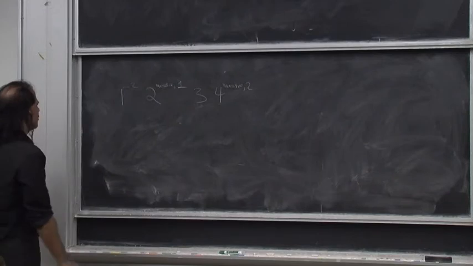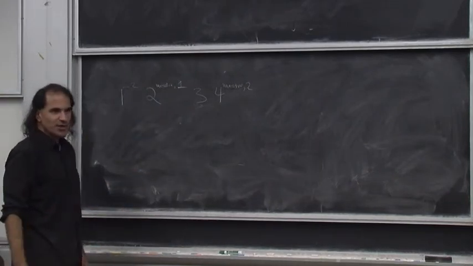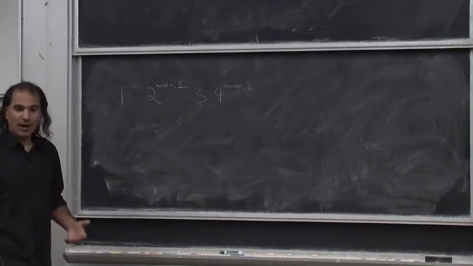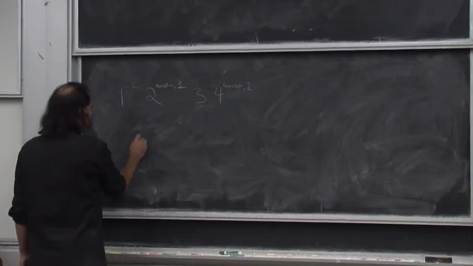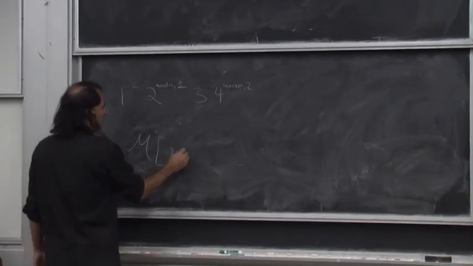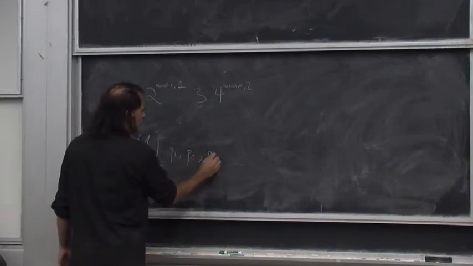Then, if we're going to talk about the scattering amplitude for an object like this, then already just by kinematics, we know what we're after, right? So this is some function that has to depend on the momenta P1, P2, P3, and P4.